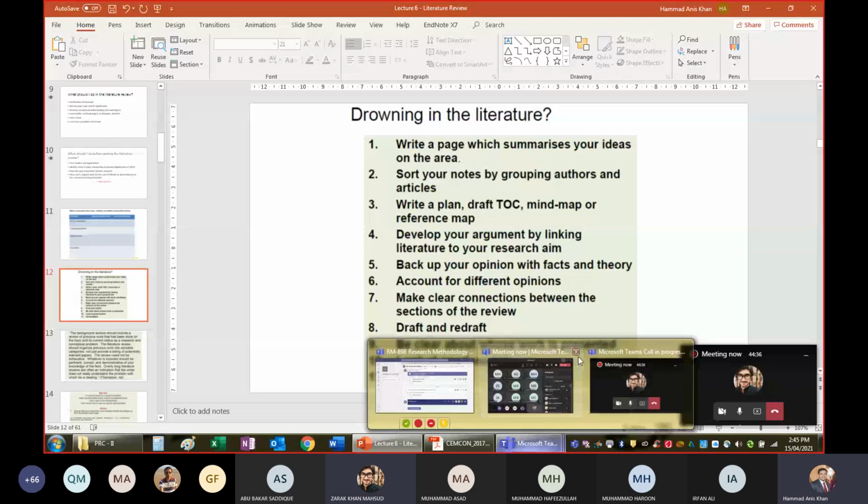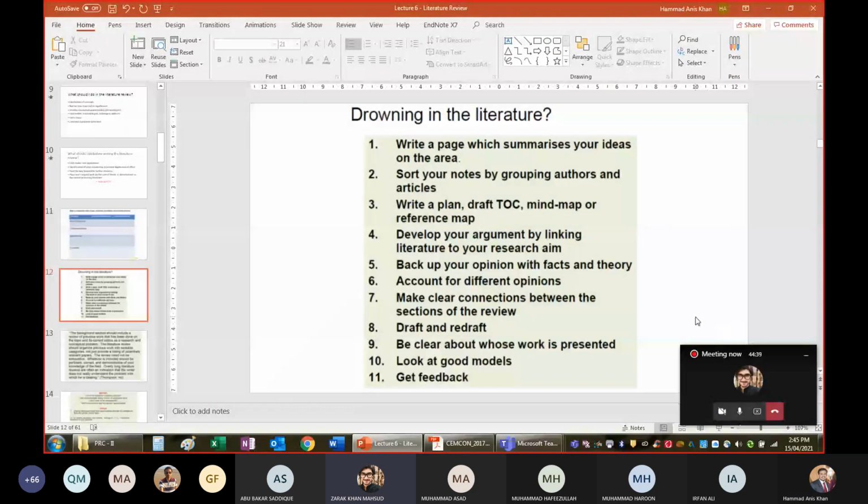Yes. Sir, there have been instances when you approach a supervisor, he already has a topic. So if you willingly want to take that topic under the supervisor, and that topic, let's take an example, uses a software to do any simulation.